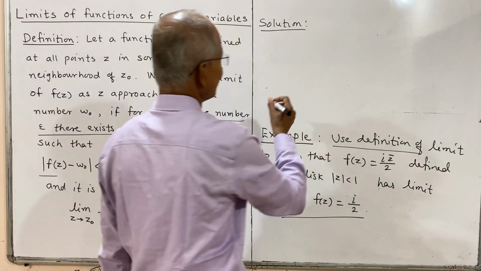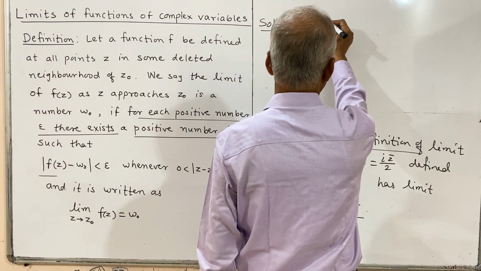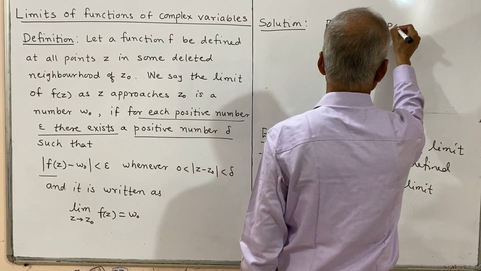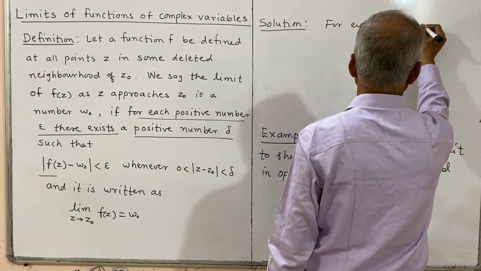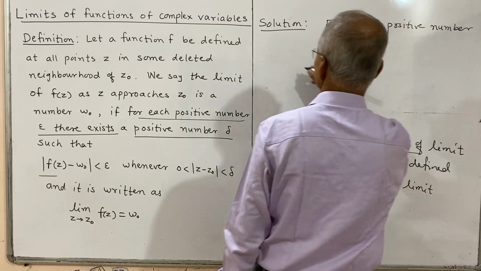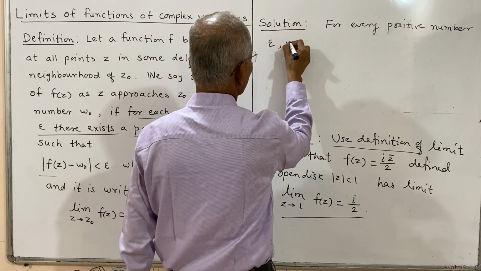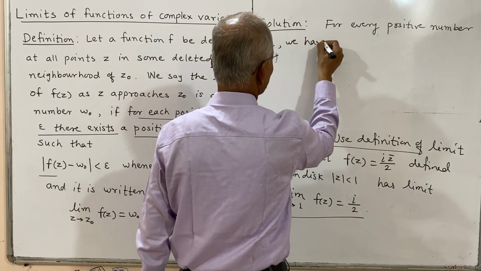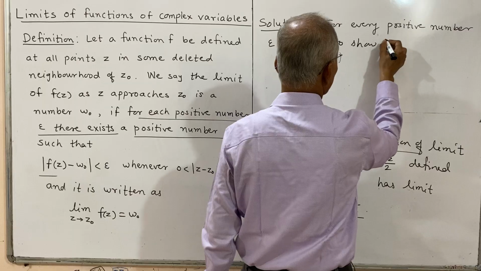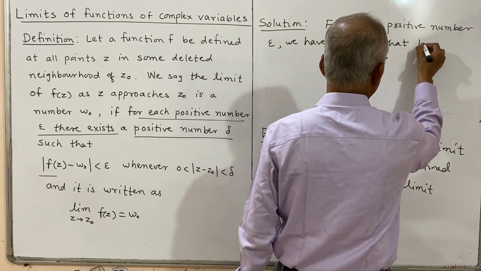So for every positive number epsilon, we have to show that there exists a delta.